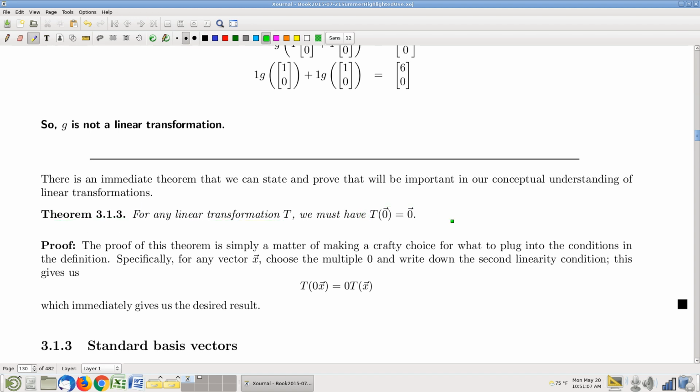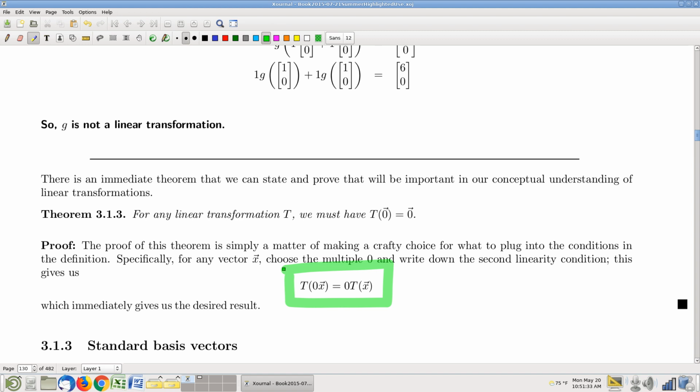This is an immediate consequence of one of the defining properties of linear transformation. Just let that scalar, we know this scalar before, scalar after, makes no difference, right? Let that scalar be 0. And notice that I now have T of the origin equals 0.